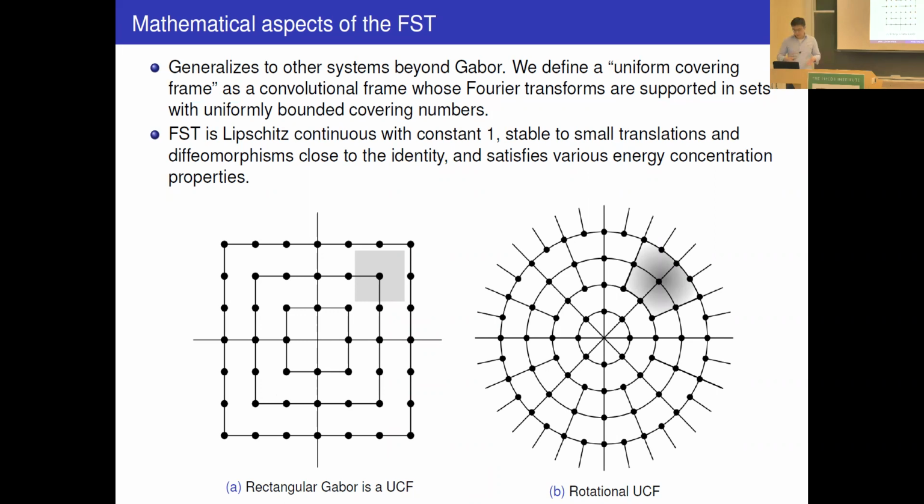And we define this class of frames called uniform covering frames, which capture the philosophy behind time frequency analysis. Time frequency analysis is saying we should split up the Fourier domain into pieces of approximately equal size. And that's precisely what we're doing here.